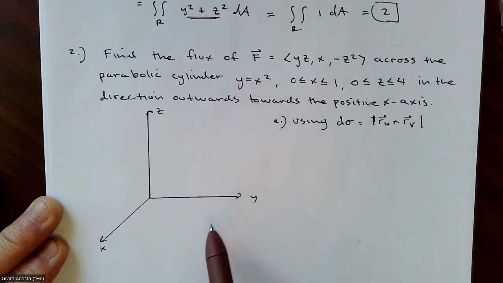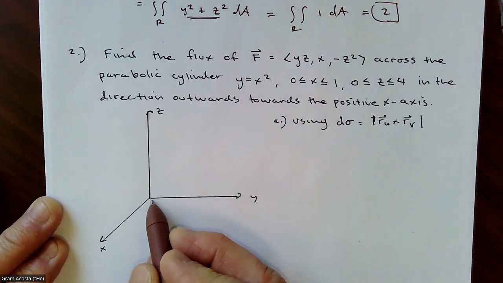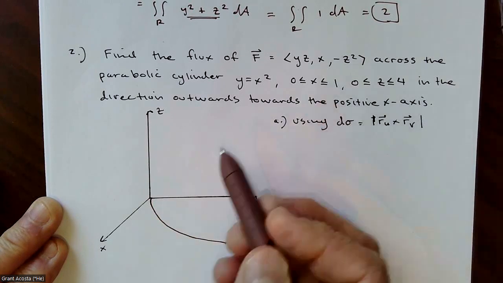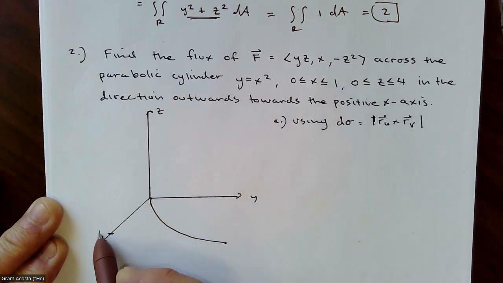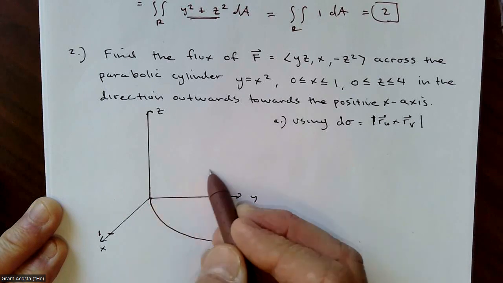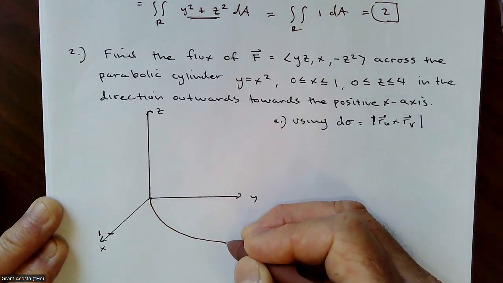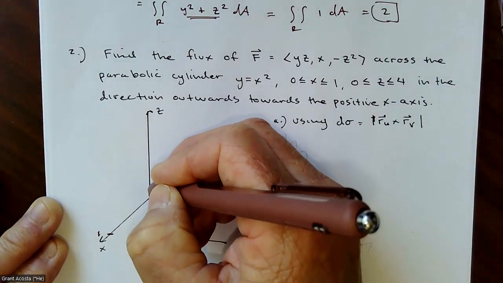Remember, the way this works is you would sketch y equals x squared in the xy plane. That's a parabola. It's going to come out like this. But because x is only between 0 and 1, I don't need to go into the negative region. That's why I'm not drawing the other half. And then you just extend this in the z direction. Here it says from 0 to 4.